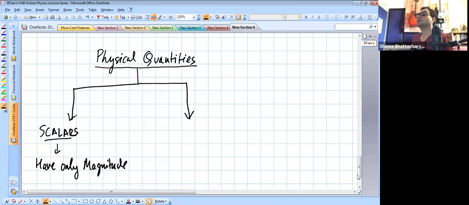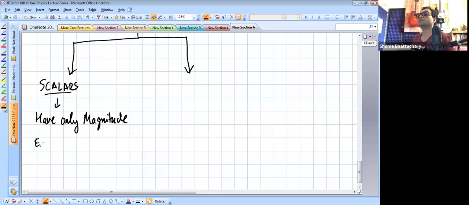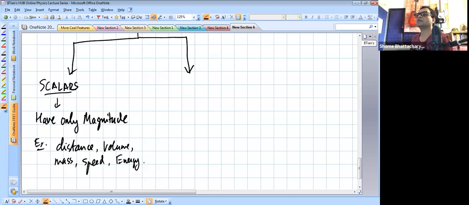There are so many examples of this. Distance was just one of them. Basically, when we add or subtract such quantities, we don't take direction into account. We just add or subtract them like normal numbers. Distance is an example, volume is an example, mass is an example, speed is an example, energy is an example, and so many such examples exist.